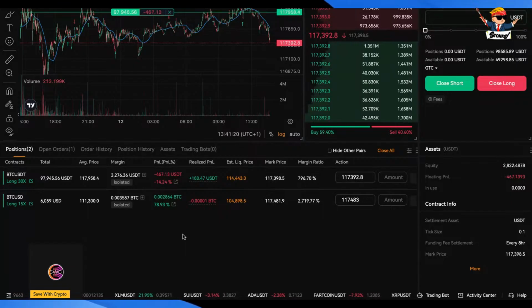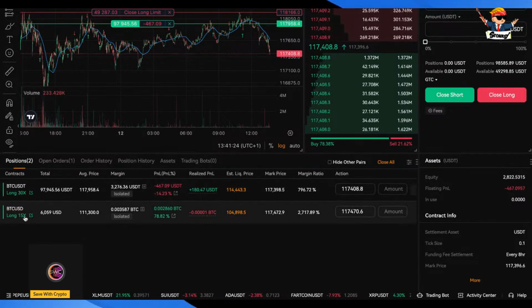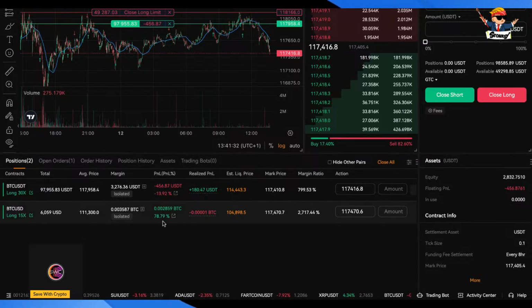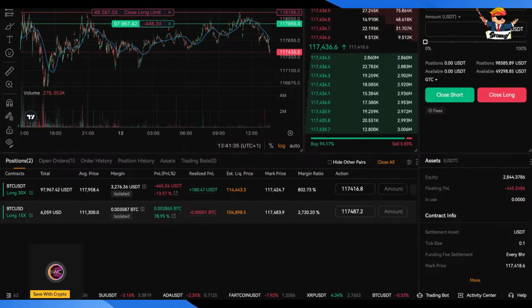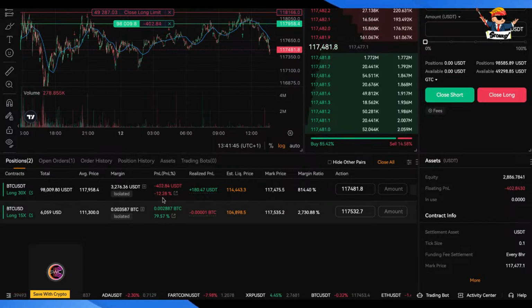So there's that. I'm doing this on BLOFIN, where I'm doing 2 trades. This one here is Bitcoin USD, so I'm using Bitcoin as the margin, and this is going well. This is like 78% in profit. What I don't like about BLOFIN though, if you're doing the actual coin M, as they call it, the inverse perpetual thing, it doesn't give you dollar values for the profit and loss.